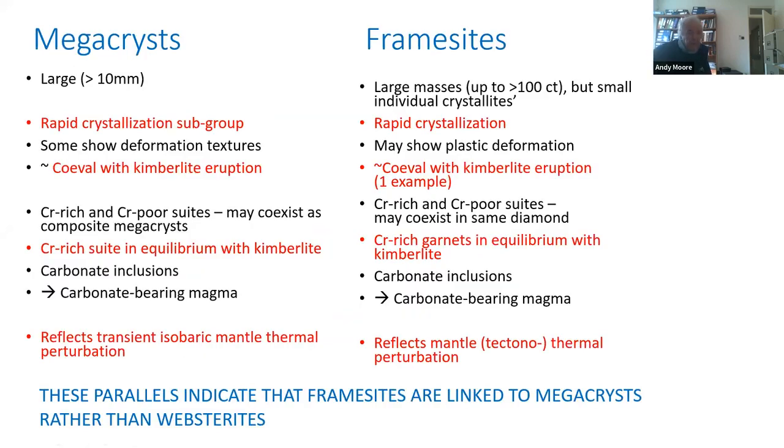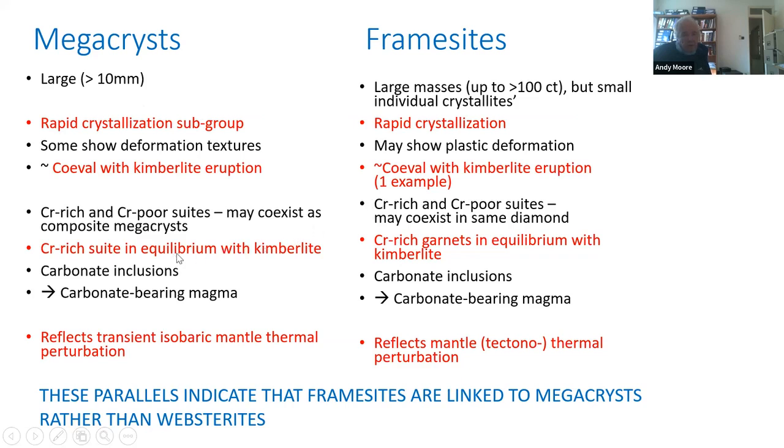And here I've compared the megacrysts to the framesites. Both can be large by definition. There's a subgroup of megacrysts showing rapid crystallization textures. Framesites show rapid crystallization textures. Both are broadly coeval or formed shortly before kimberlite eruption. Both have chrome-rich and chrome-poor subsuites, which may coexist in the same hand specimen or the same diamond.